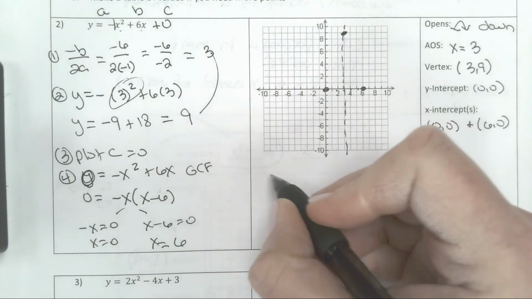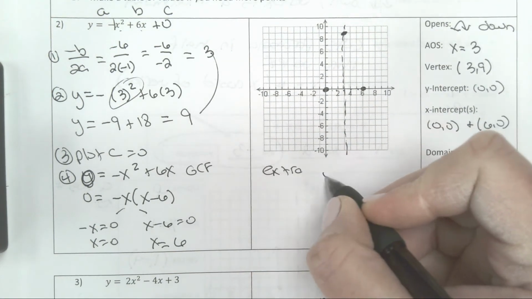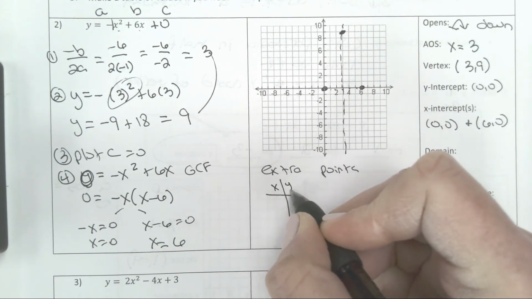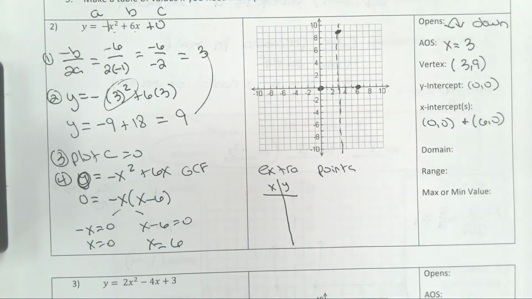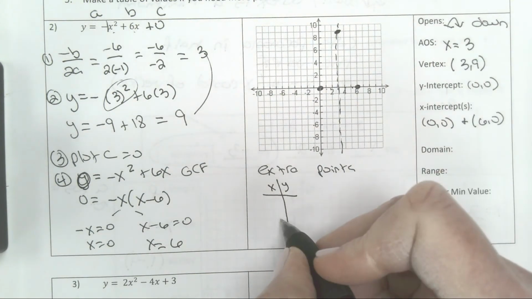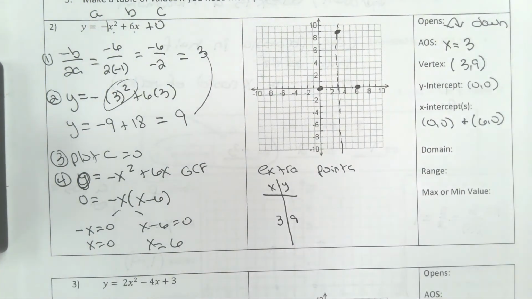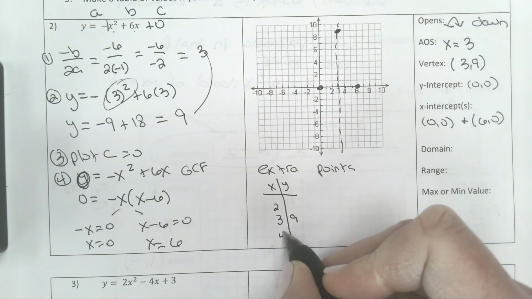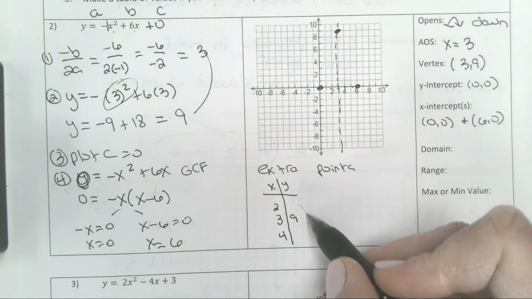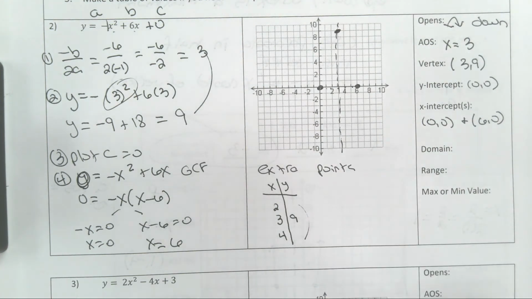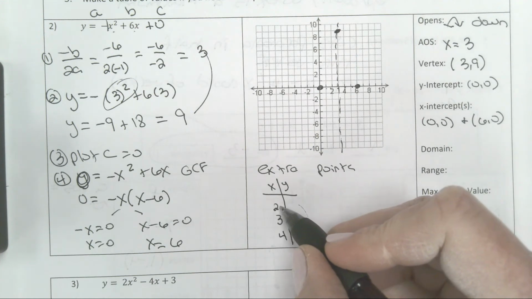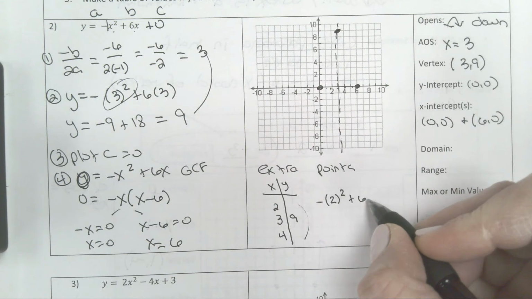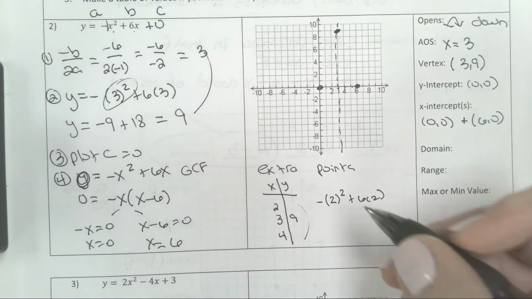So then if you wanted some extra points, you can always make a table to get yourself some extra points. So I have my vertex at 3, 9. If you go on either side, if you go 2 and 4, then those numbers will end up matching. So when I plug 2 in, you get negative parenthesis 2 squared plus 6 times 2.